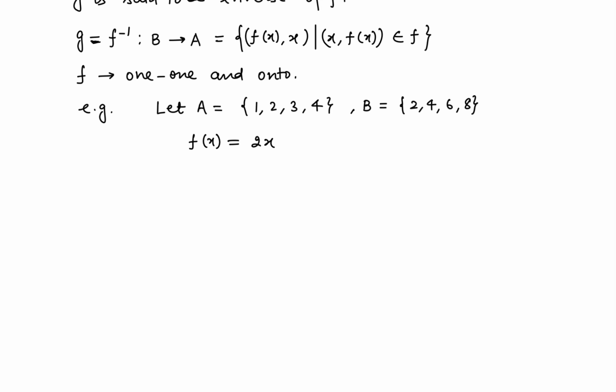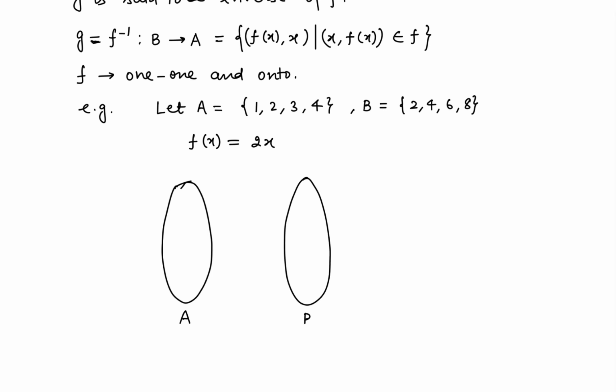So if we map these elements, here we are taking set A and this is set B. Set A has elements 1, 2, 3, 4. Set B has elements 2, 4, 6, 8. So if we put value of x as 1, we will get output as 2. So f of 1 will be equal to 2 into 1, 2.